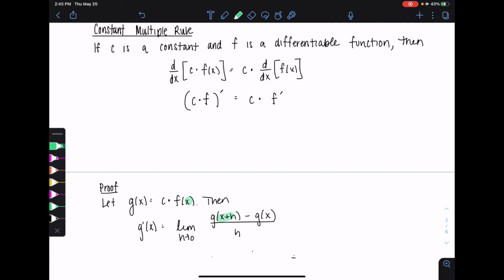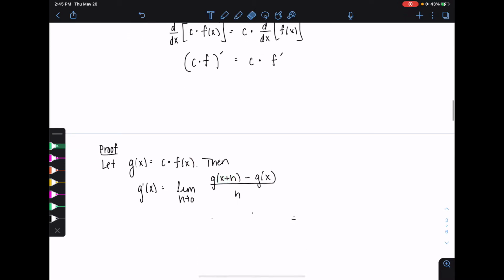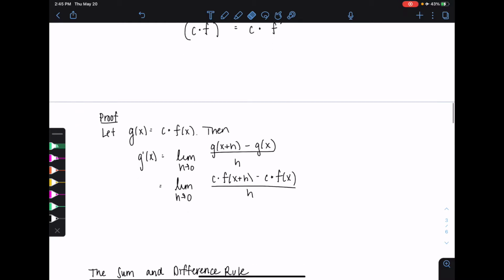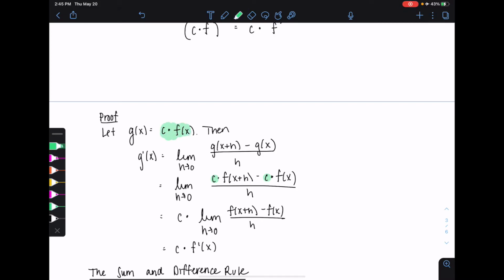Plugging this into this expression gives us the limit as h approaches 0 of c times f of x plus h minus c times f of x divided by h. And now both of these have a c in common. Using our limit laws, that pops outside the limit, and we're left with exactly our expression for the derivative of f. So the derivative of this function is indeed the constant times the derivative of the function.